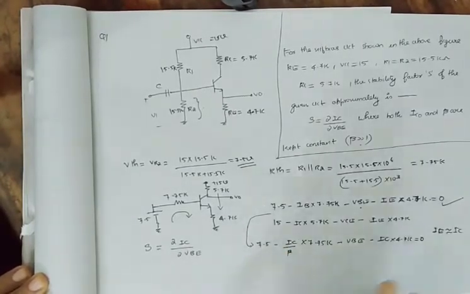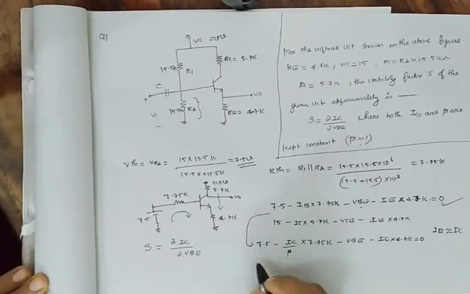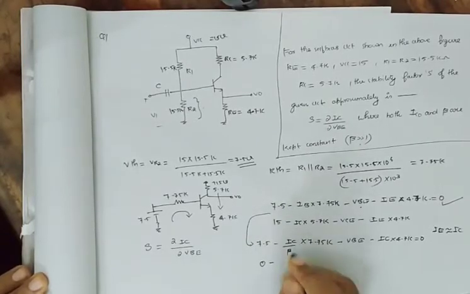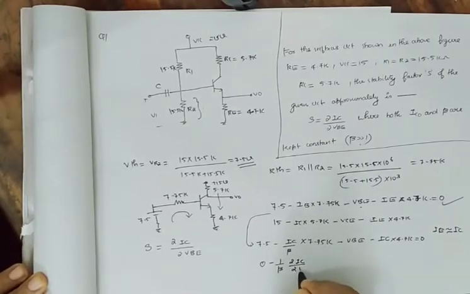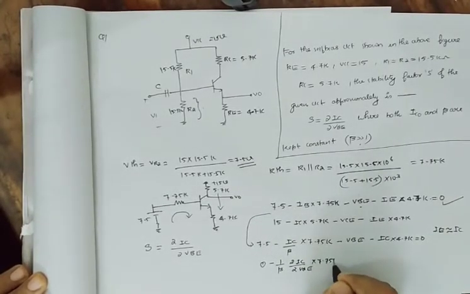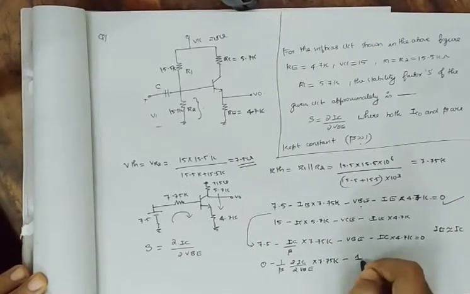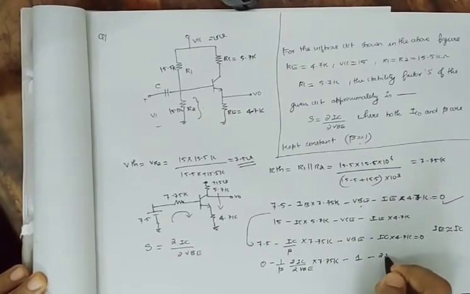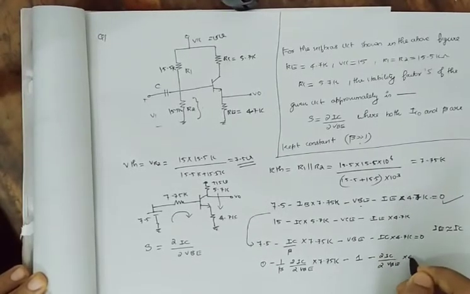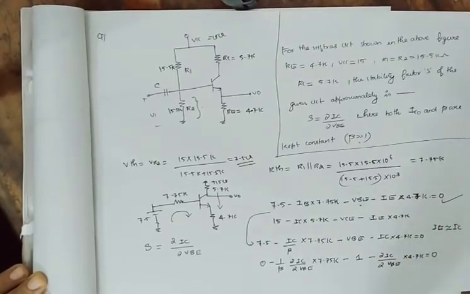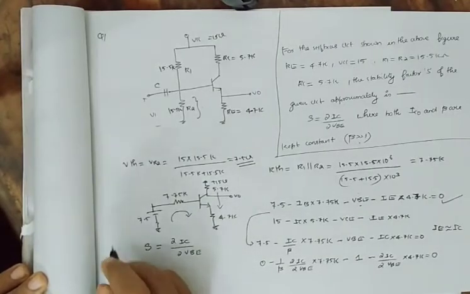Now I am going to differentiate this equation. We will get 0 minus 1 by beta into delta IC divided by delta VBE into 7.75 K minus 1 minus delta IC divided by delta VBE into 4.7 K equal to 0.